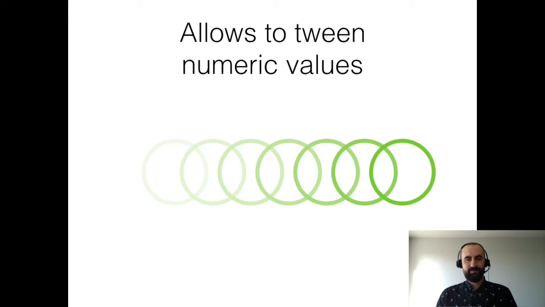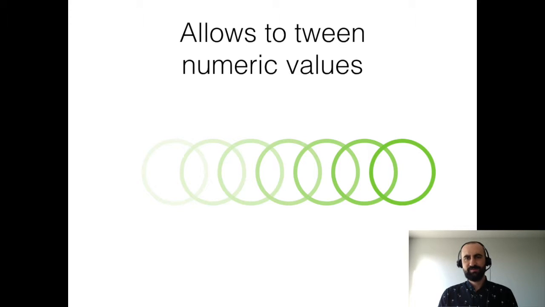GSAP's main job is to tween numeric values. This is basically what it does at its core, and it does it really well. It's really similar to what CSS transitions do, or what jQuery animate does.